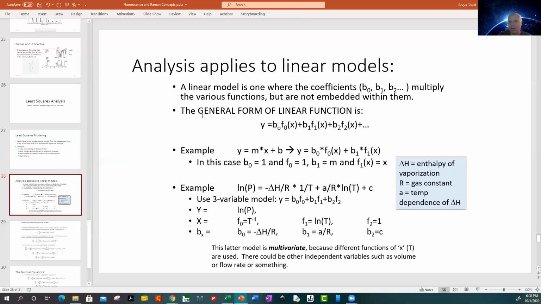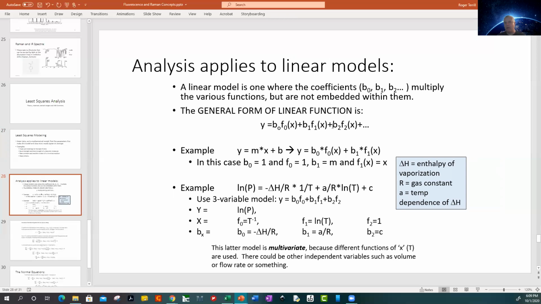Here's generally how that looks. The general form of the linear function is like this: y is equal to B0 times F0 of X plus B1 F1 of X plus B2 times F2 of X plus and so on. So you can get a whole bunch of B values if they turn out to be useful.